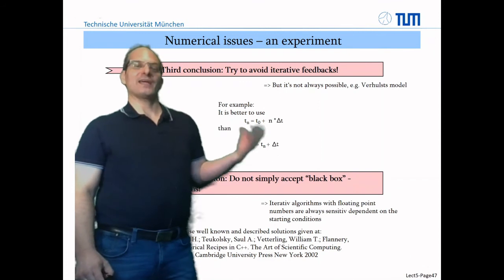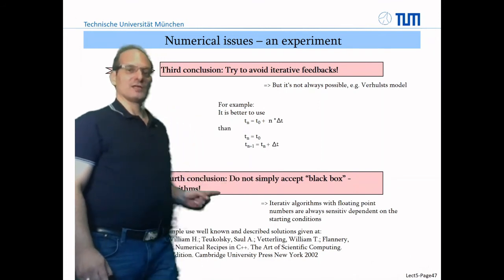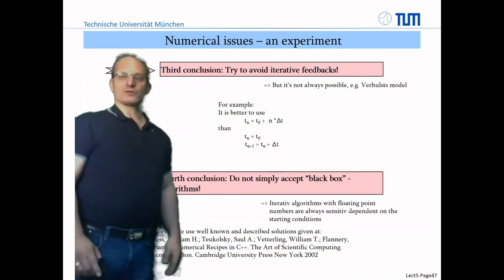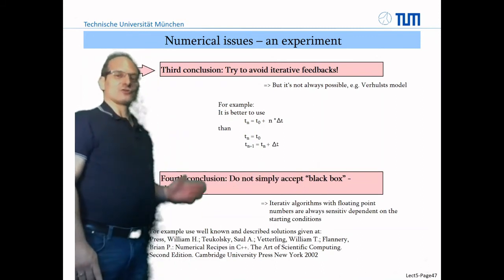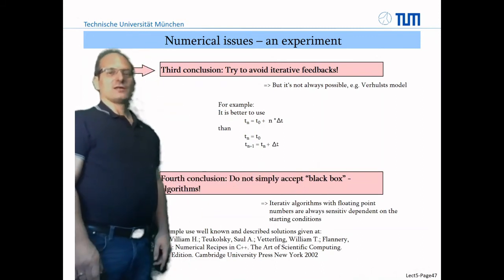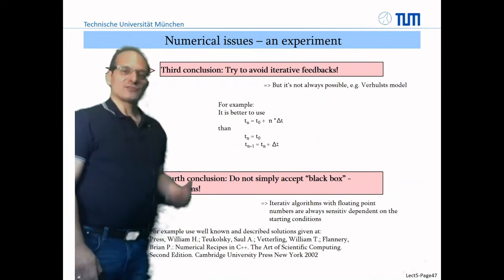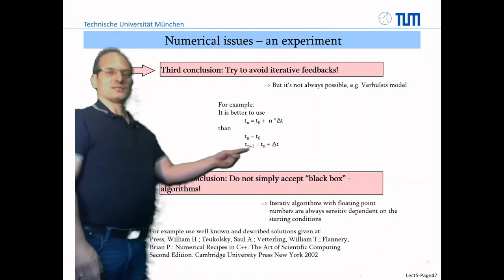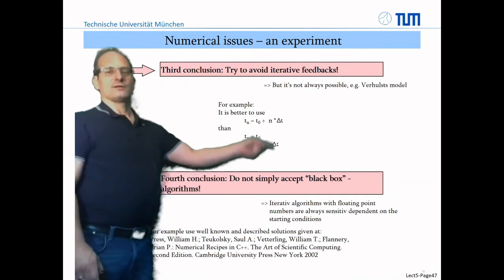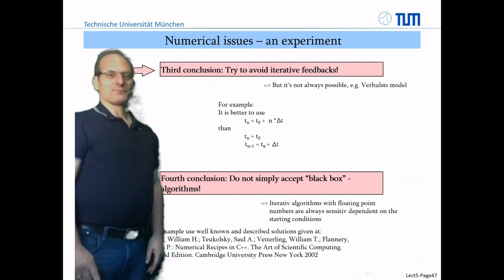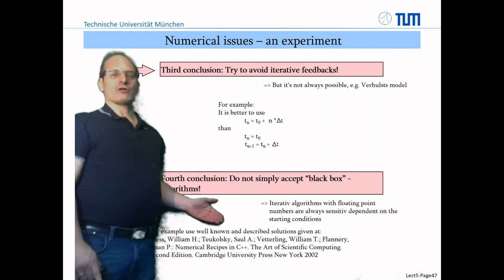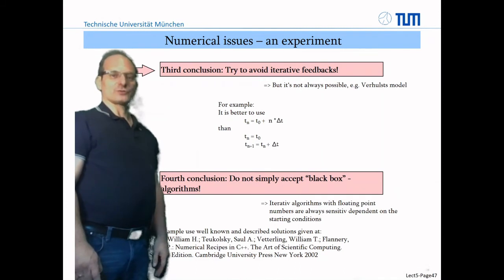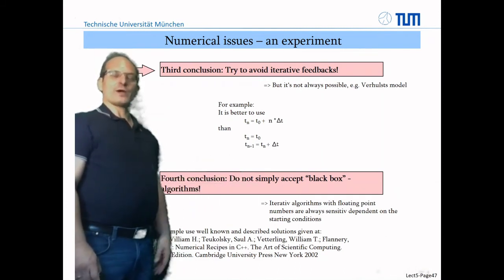Another thing I came to as a conclusion: if you use external code, which is more or less a black box, then you should really think about whether you use it in iterative processes or not. Because with a black box, you don't know what happens inside. Especially in modern programming languages, you can use a lot of external code and sources, and you can calculate it in quite a few steps.